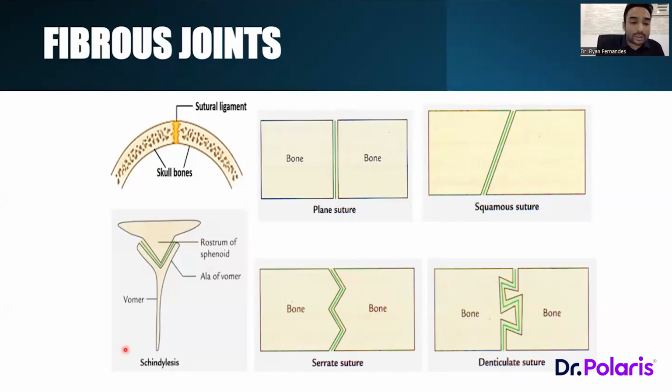Remember, the moment you think of sindesmosis, remember there is a groove that is going into the ridge, a ridge going into the groove. So these are the different types of suture joints that you can see. So again, plain suture, squamous suture, denticulate suture, serrate suture, and sindesmosis.